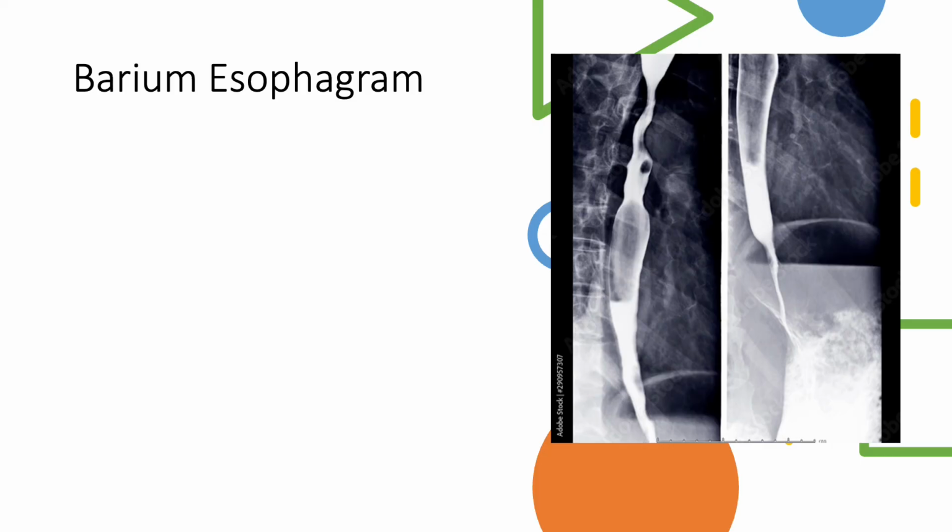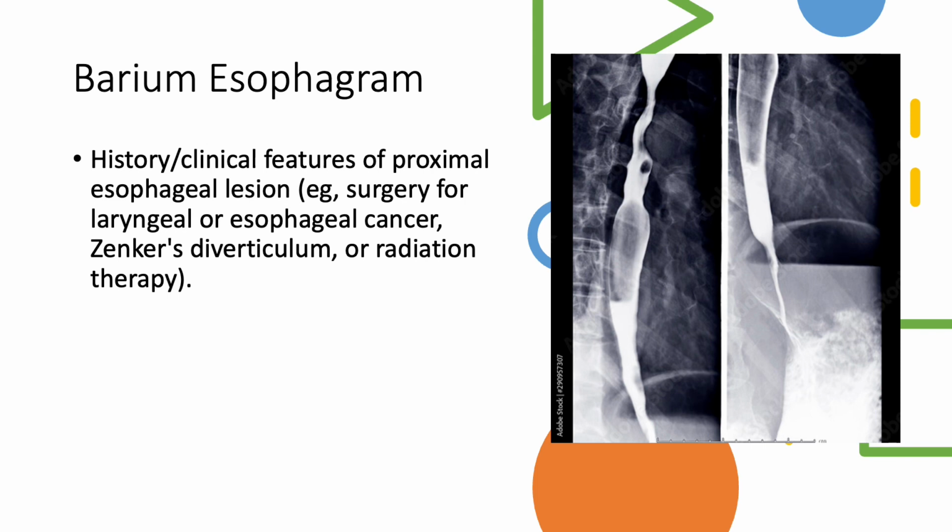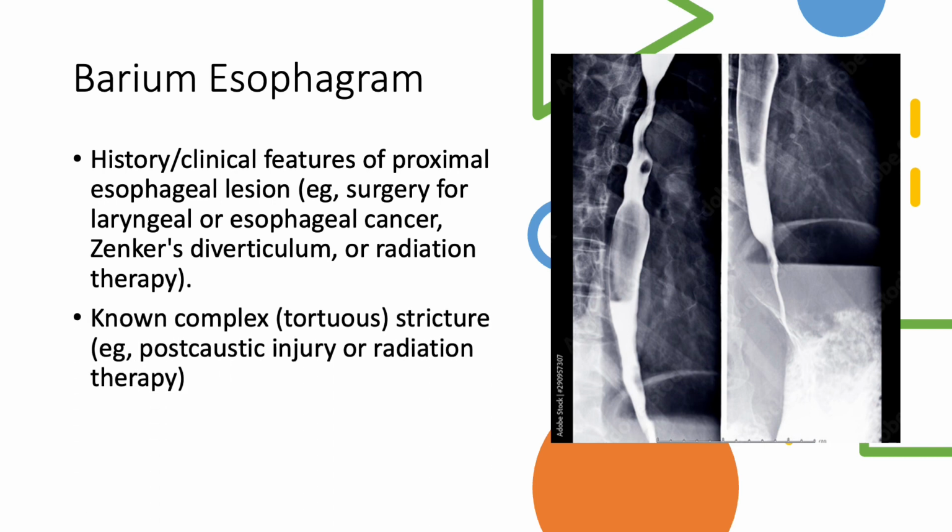We perform a barium contrast esophagram or barium swallow as the initial test in patients with history or clinical features of proximal esophageal lesions, such as surgery for laryngeal or esophageal cancer, Zenker's diverticulum, or radiation therapy, or patients with known complex or tortuous strictures, such as patients with post-caustic injury or radiation therapy.